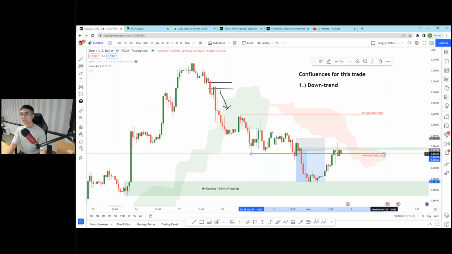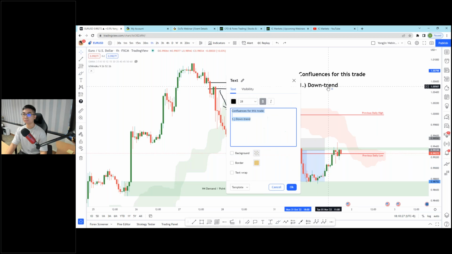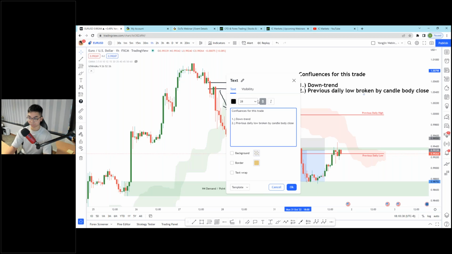Secondly, the previous daily low was broken by a candle body close. I'll take it as a strong close.